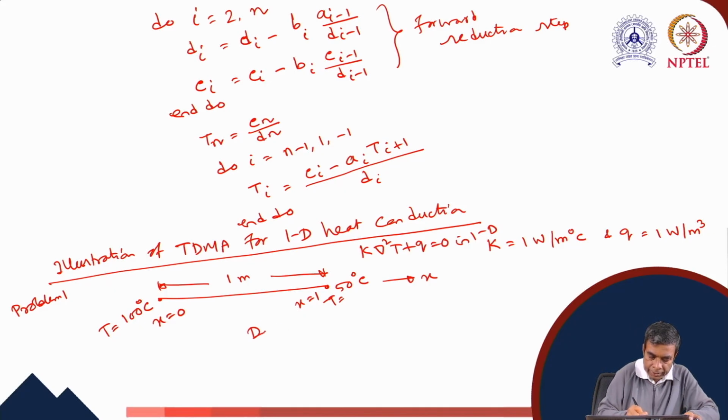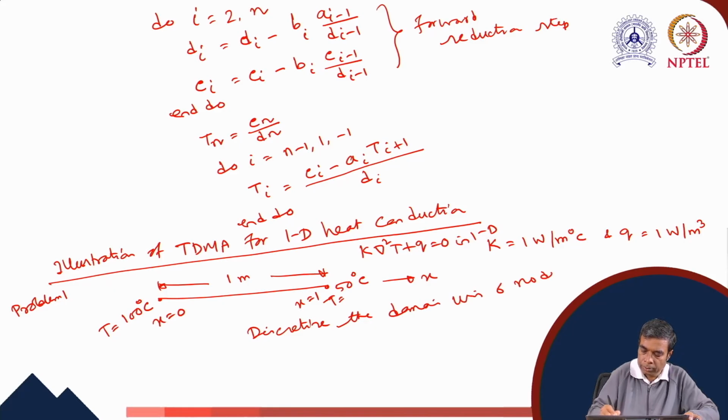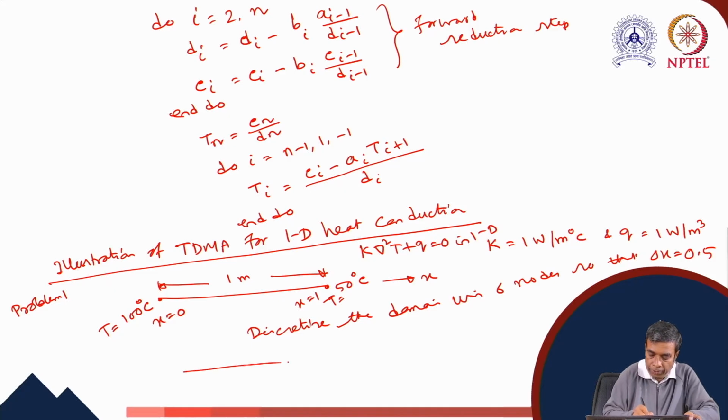So discretize the domain using 6 nodes so that delta x equals 0.2. So this is delta x equals 0.2.